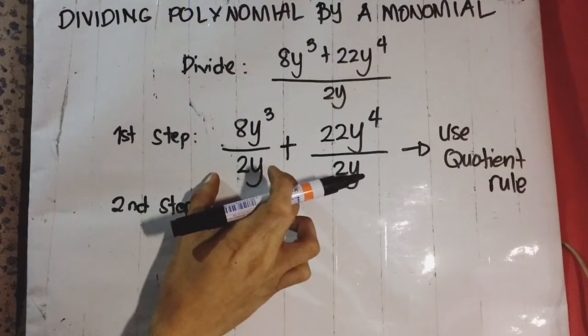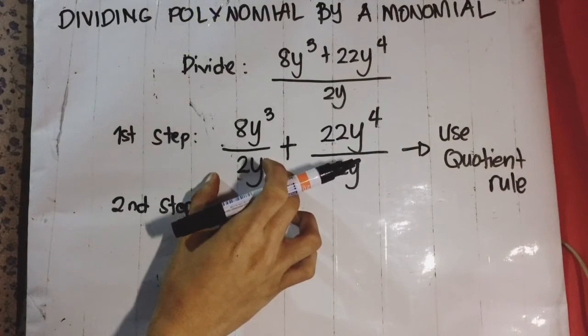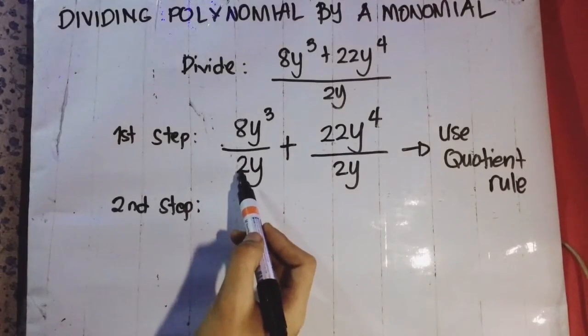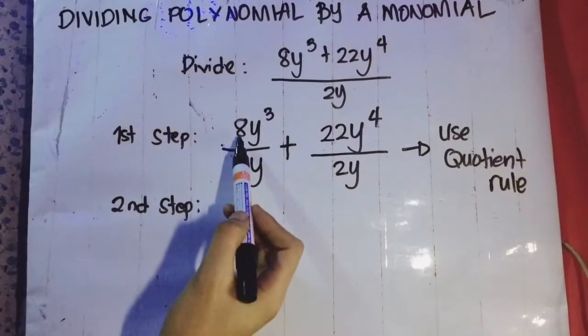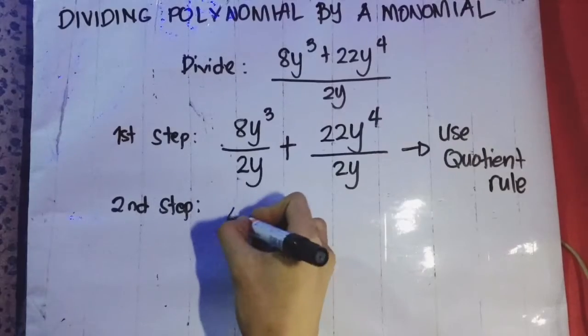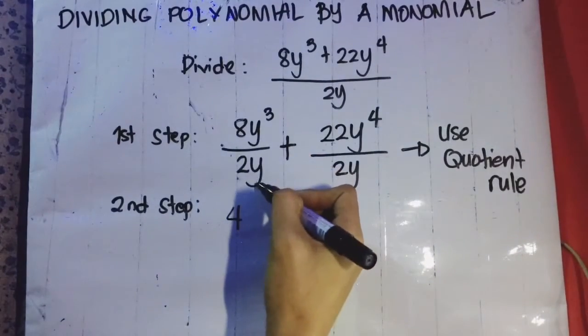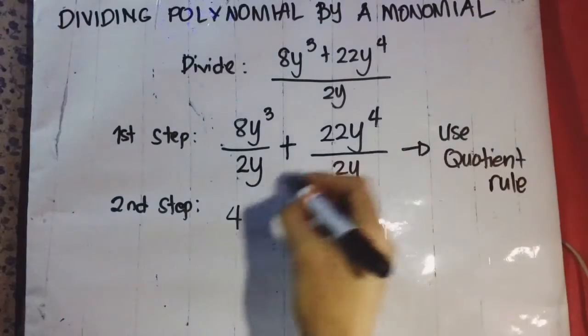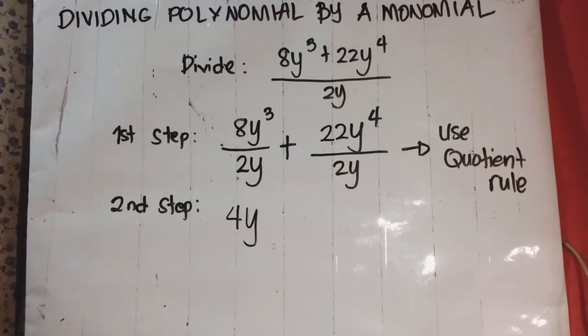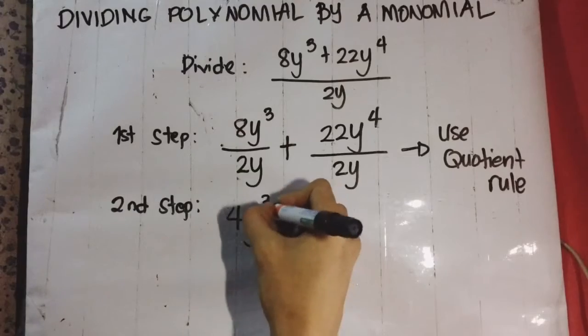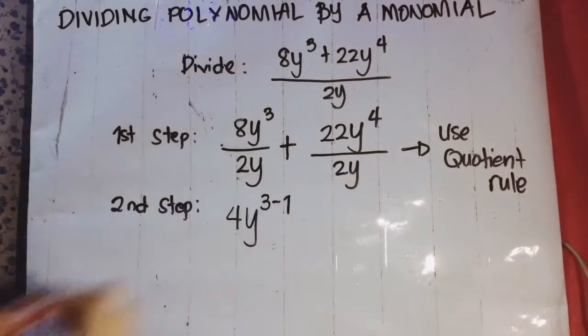Let's start with the first term by manipulating your coefficient first. So 8 divided by 2, that makes 4. Then y cubed divided by y. According to the quotient rule, you have to copy the base y and subtract your exponents, 3 minus 1.